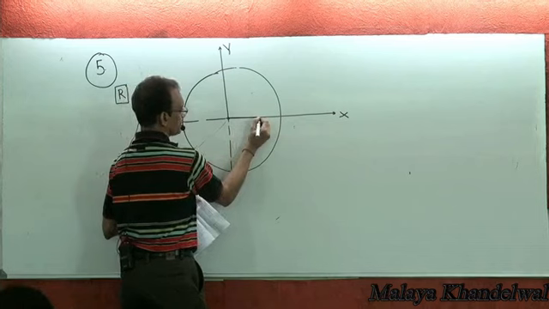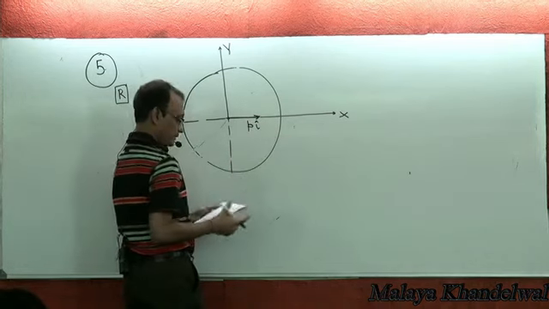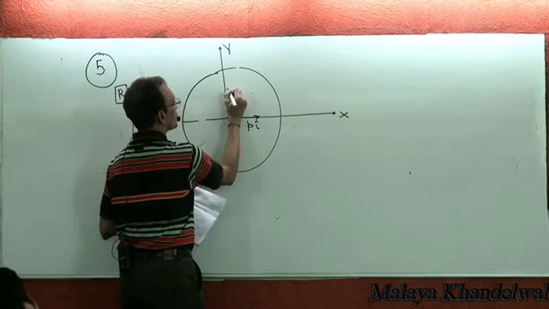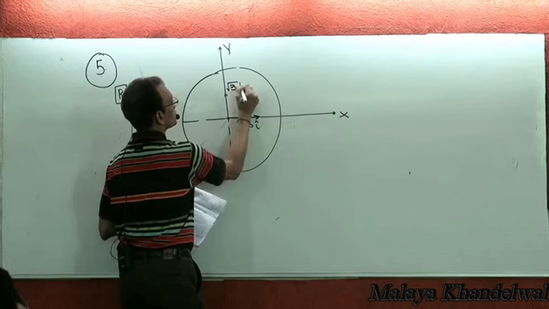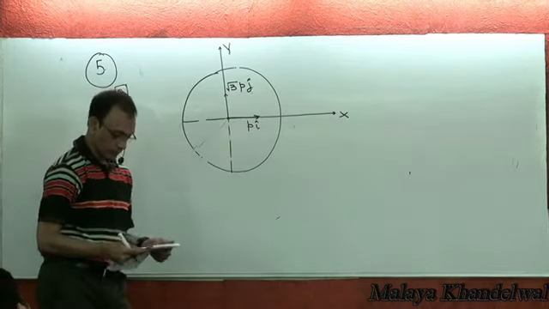A dipole with dipole moment P times i cap here, and a dipole with dipole moment root 3 times P j cap there. These are two dipoles.